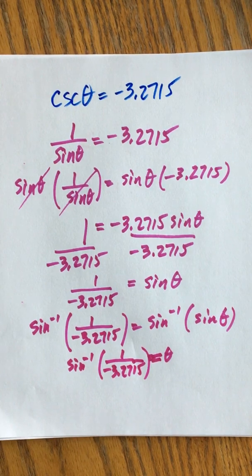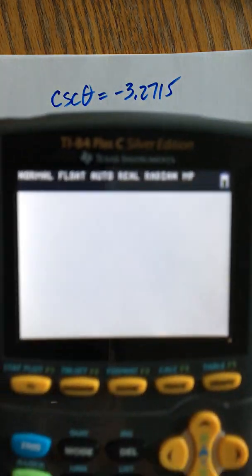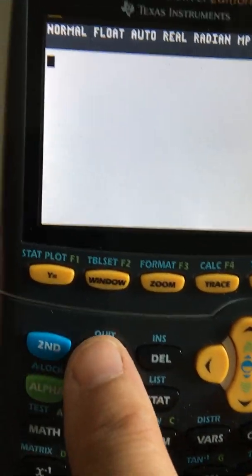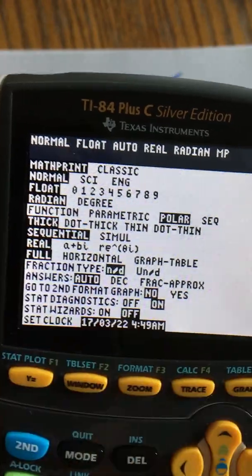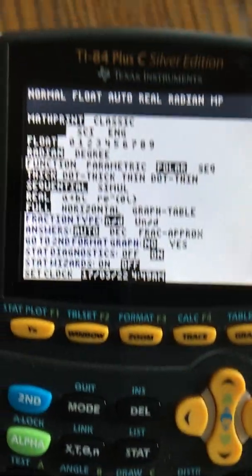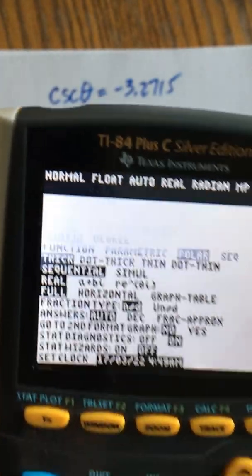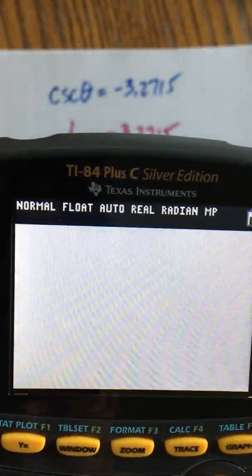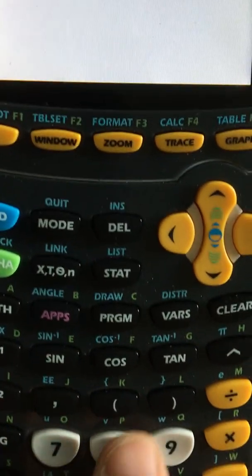So now let's go ahead and put that in our calculator. And I happen to be, let's see, check what mode I'm in. I happen to be in radian mode, so the angle that I get right here is going to be in radian mode. If you want it in degree mode, you just put it in degree mode first and then do the inverse sine. So I'm going to do the inverse, right?